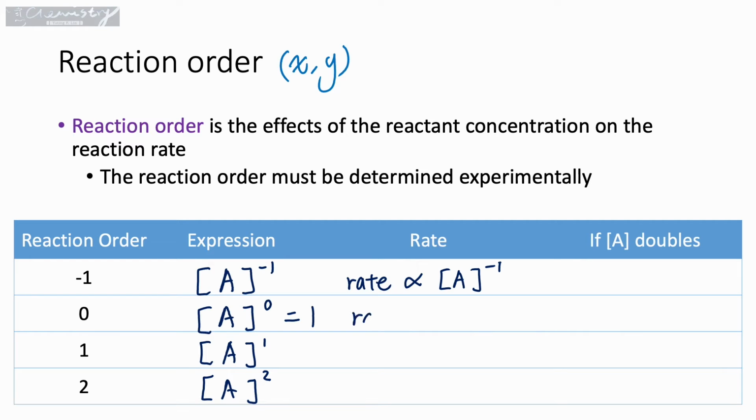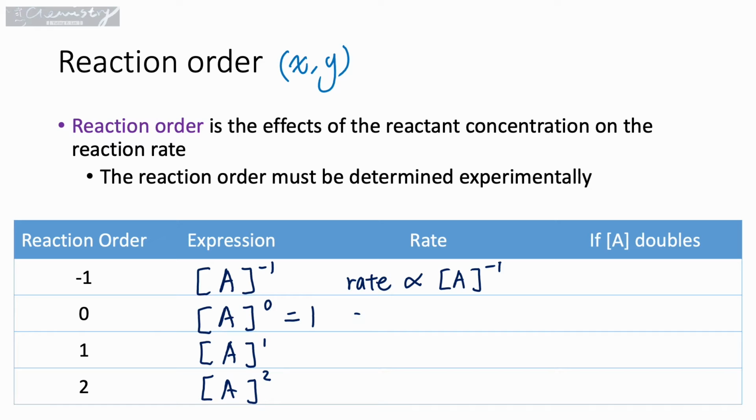Same idea down here. This means that the rate is, well, A to the 0th power is 1, so it is independent of A. This means that the concentration of A does not affect the rate.